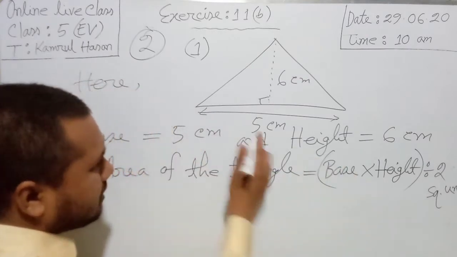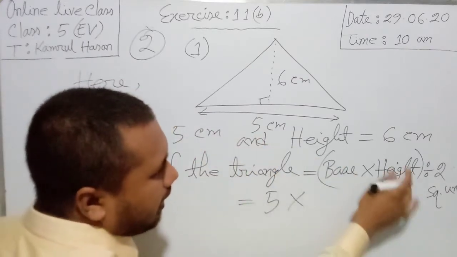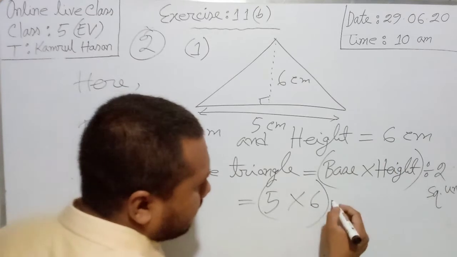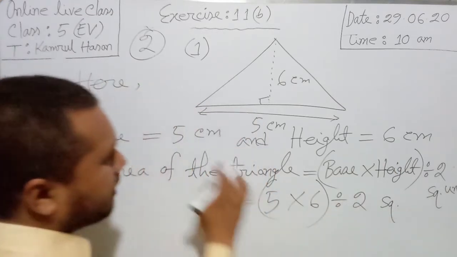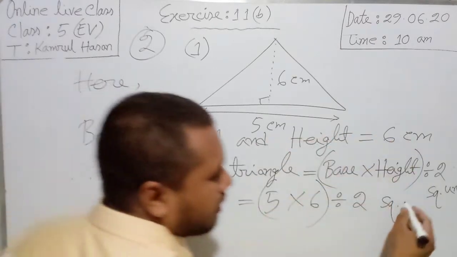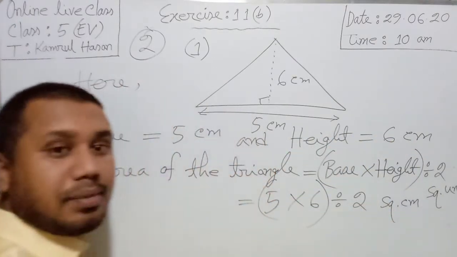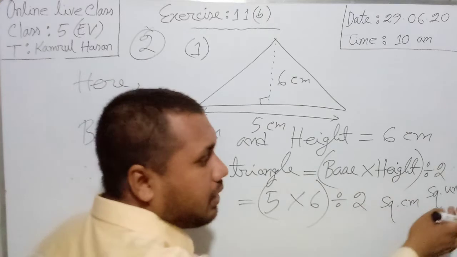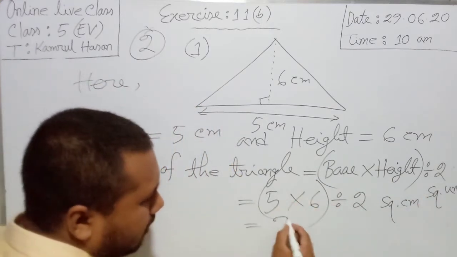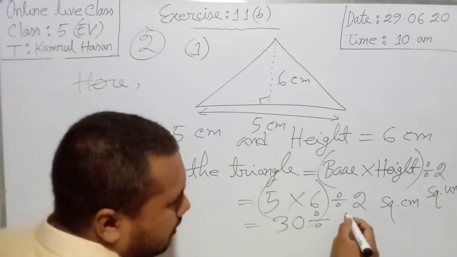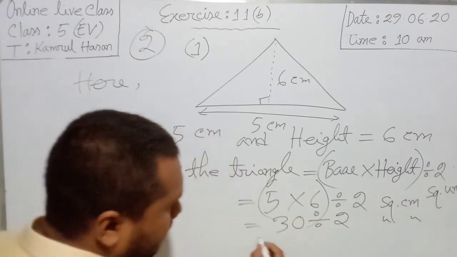Now base equals 5, height equals 6, and divided by 2. Now we can write square centimeter because it is 5 centimeter, 6 centimeter. But when you write the formula, you need to write square unit. Good. Now look, 5 sixes are 30 and divided by 2 square centimeter.